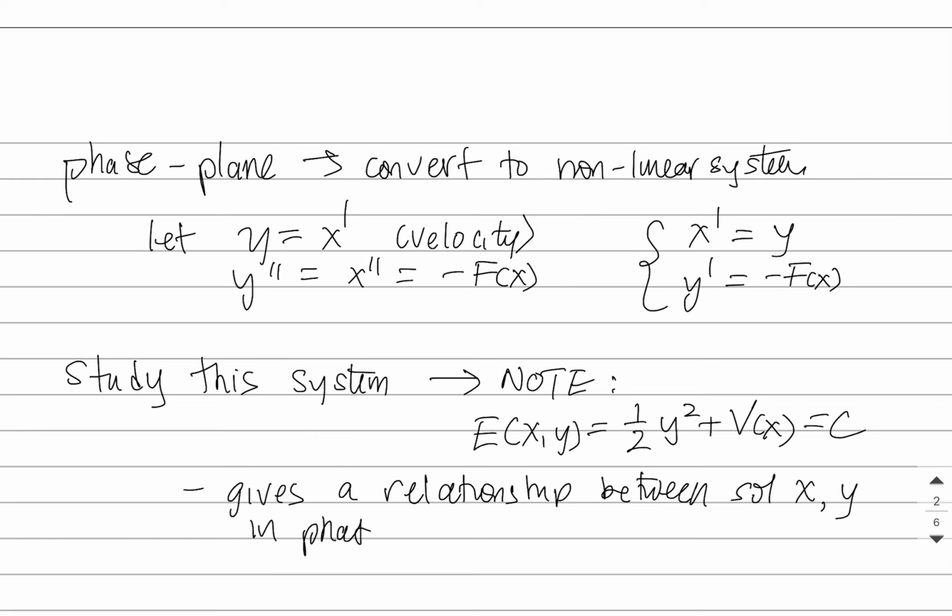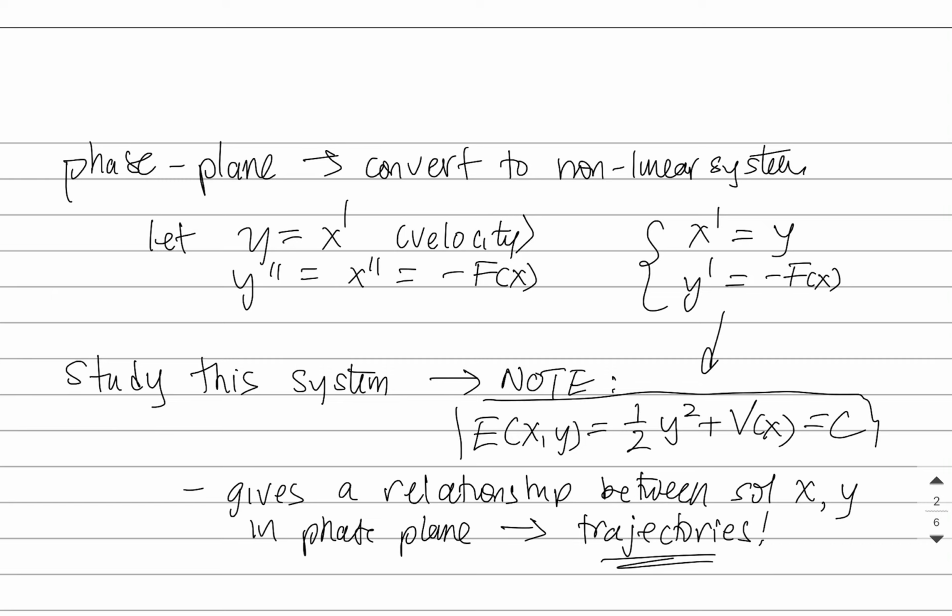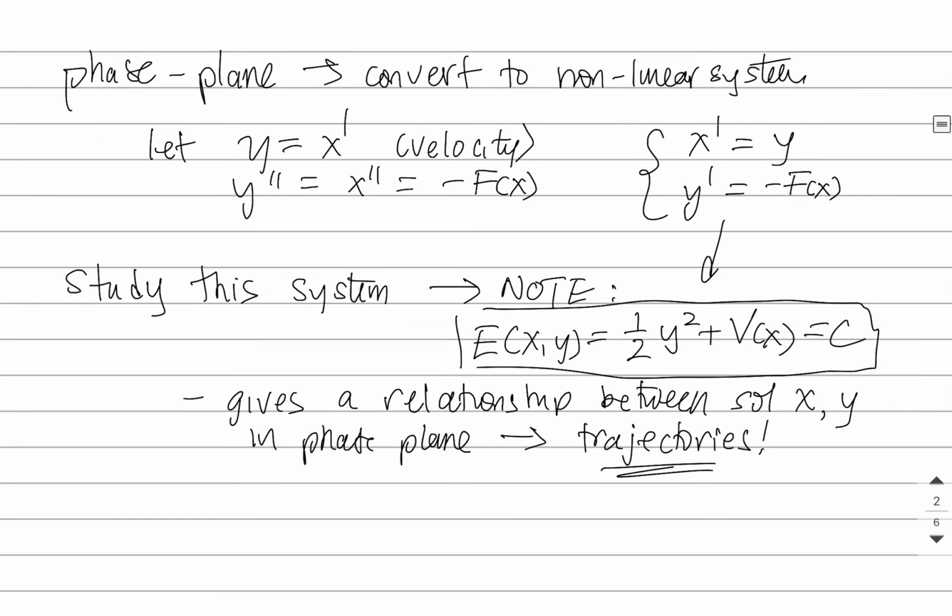So this is going to give us trajectories in the phase plane. Right away, in one of these conservative systems, we immediately get that the energy produces trajectories in the xy, or the position-velocity, phase plane.